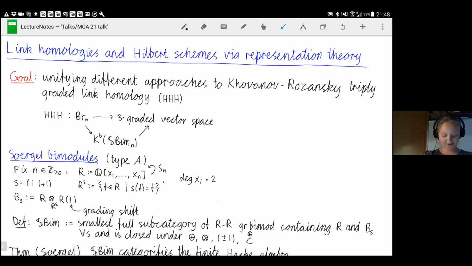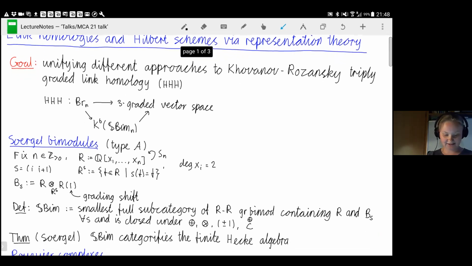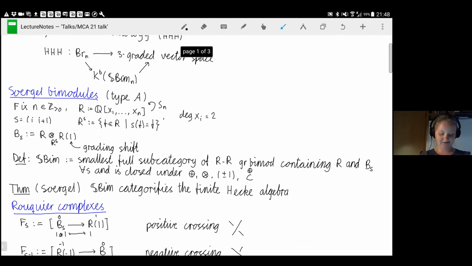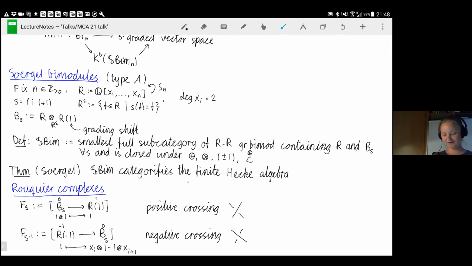The entire category of Soergel bimodules is then the smallest full subcategory of R graded bimodules which contains R and all of these for different simple reflections, and is closed under direct sums, tensor products, grading shifts, and direct summands. The main thing is that this categorifies the finite Hecke algebra.